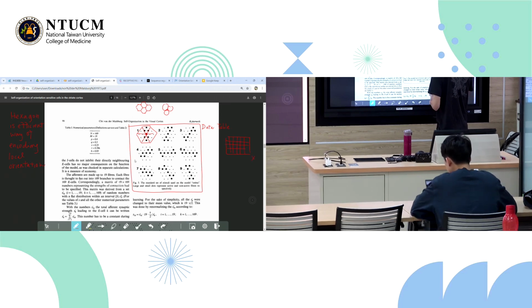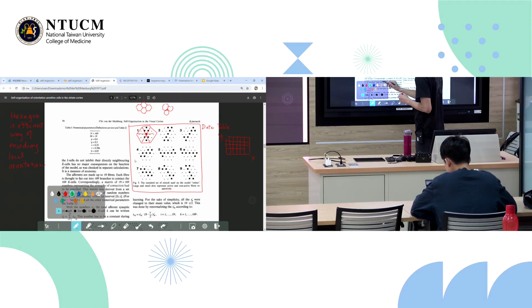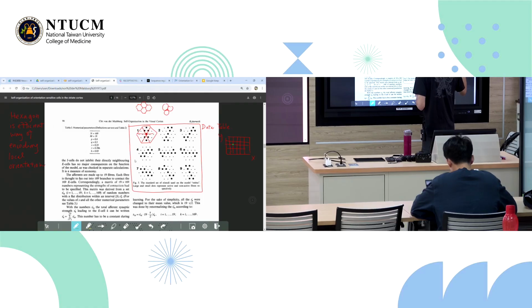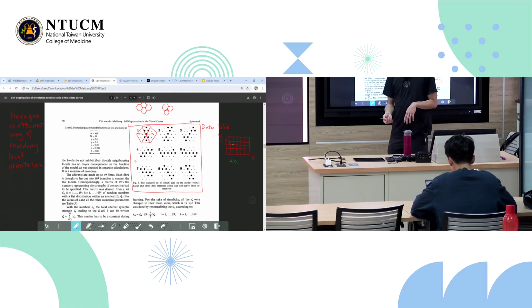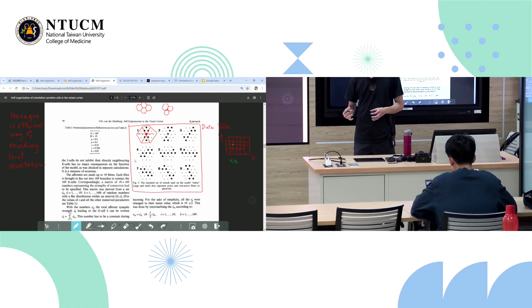So this is x, this is y, and any point on it, this is the x1, y1 coordinate, right? How to do hexagon? Okay, we'll get to it. But I'm just introducing you to this realization.